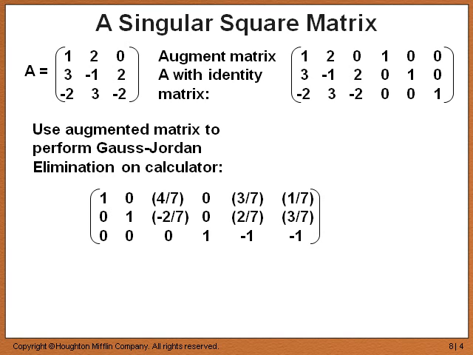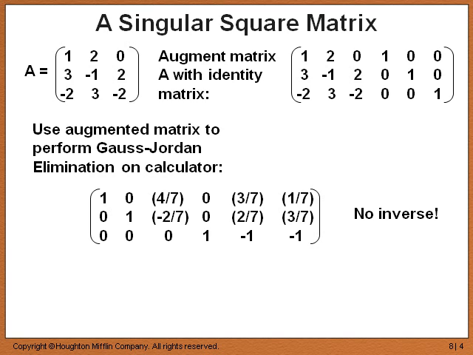But what we can see here is that when we did the Gauss-Jordan elimination, we did not end up with the identity on the left half of this augmented matrix. We ended up with fractions and with a 0 on the diagonal. So what that tells you is that there's no inverse.